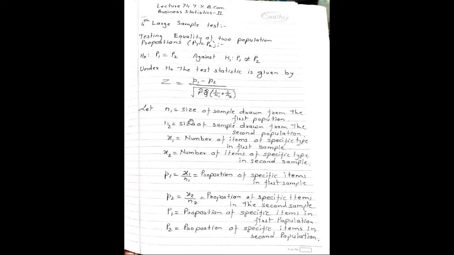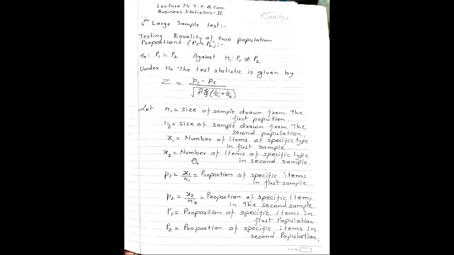Let N1 be the size of the sample drawn from the first population, N2 the size of the sample drawn from the second population. X1 is equal to the number of items of specific type in the first sample.